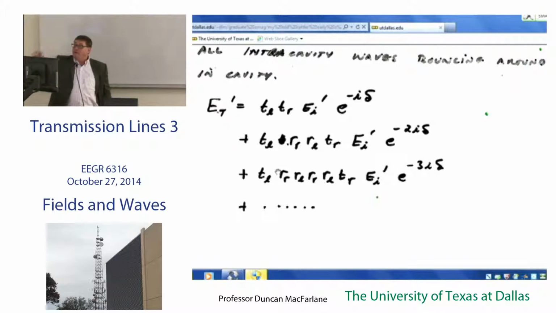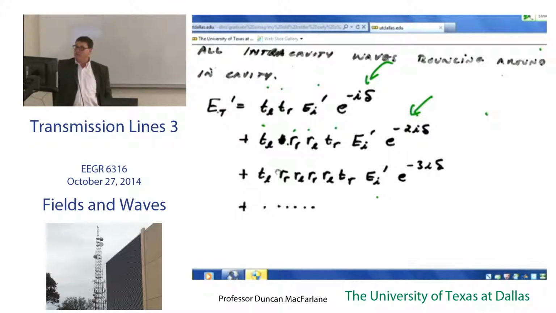So I'm left with an infinite sum. My first term is transmission on the left, transmission on the right, the input value of my electric field, and the relative phase shift that the structure gives it. Okay? The second wave through is the transmission on the left-hand side, a reflection on the right-hand side, a reflection off of the left-hand side, a transmission on the right-hand side, and then twice the phase delay.